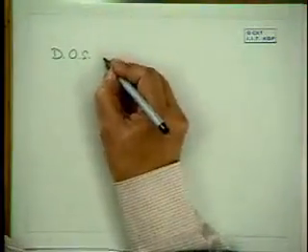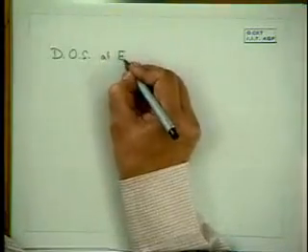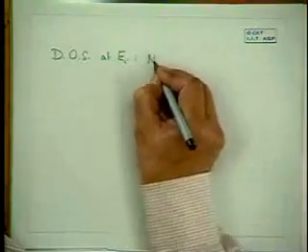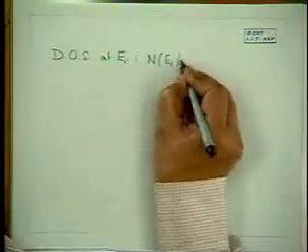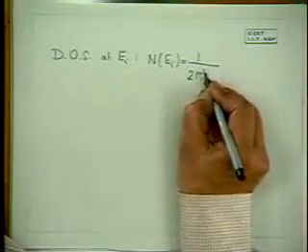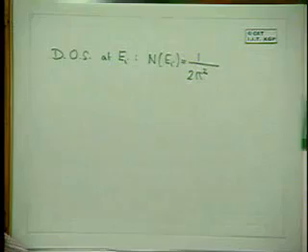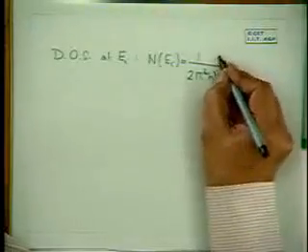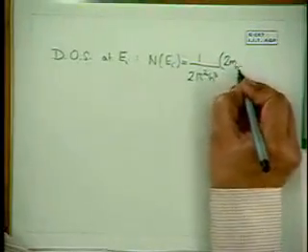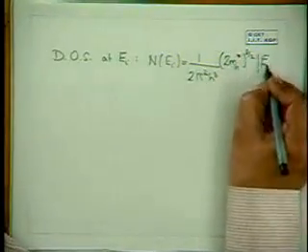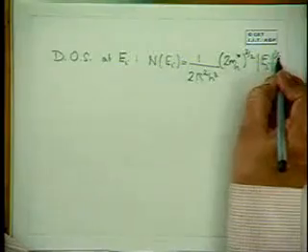At the initial energy EI, N(EI) is 1 by 2 pi squared h cubed, twice mH star to the power 3 by 2, EI to the power half.